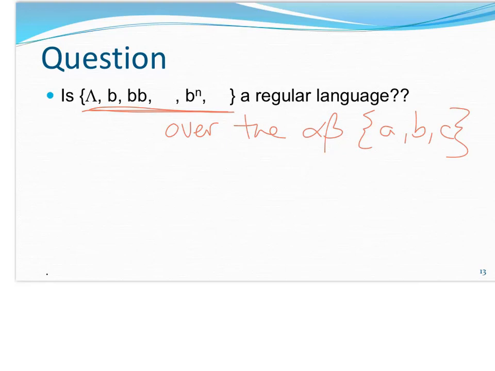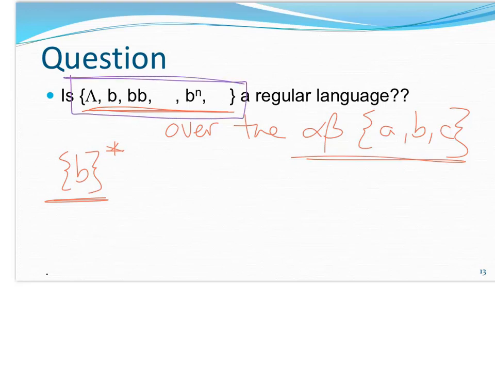And the answer is yes, indeed it is. And here's why. The base case rule gives us that B is a regular language over this alphabet, right? And we can star this regular language, because we know that from the inductive step. And this thing starred is actually what we've got here, right?